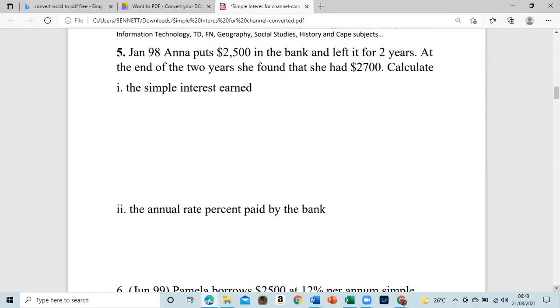All right, guys, this is pretty straightforward because if you have 2,500 in there and now you have 2,700, you can just subtract. So it will be 2,700 minus 2,500.